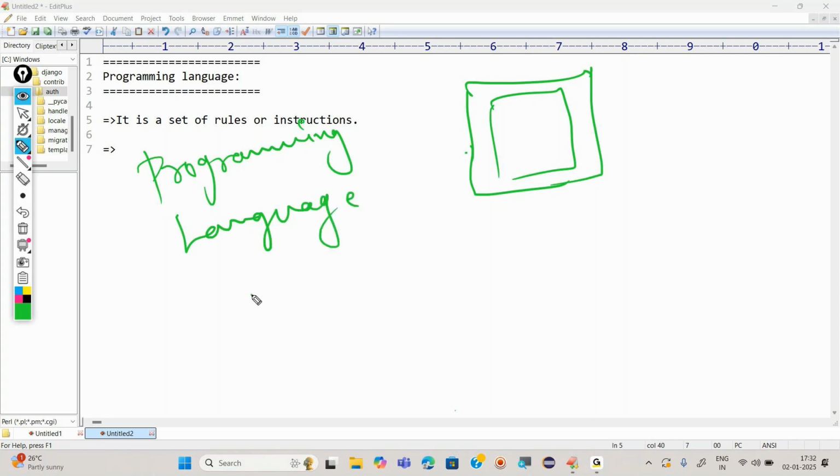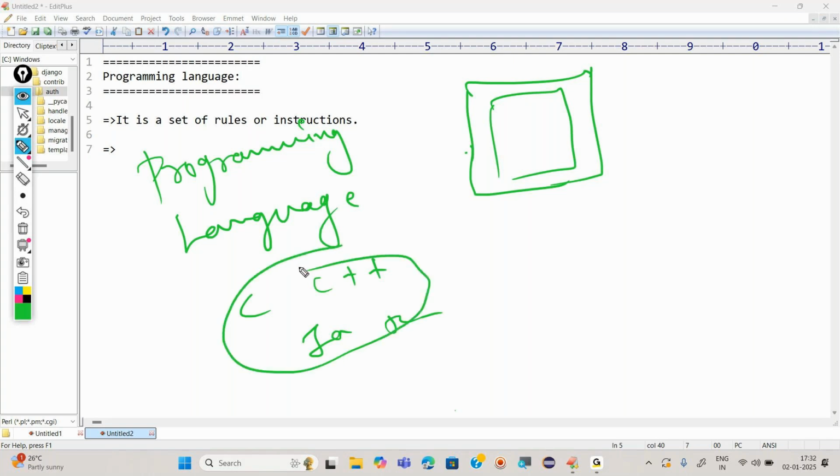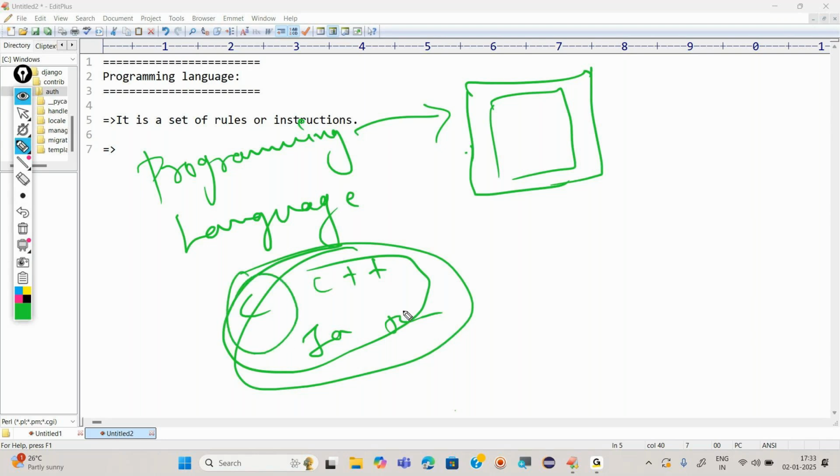You can use C++, Java, Python, C sharp, whatever you want, but these are just mediators to communicate with the system, so that the system will do what you want based on the given input. This is one of the mediators between the programmer and the system. Okay, let me write something here.